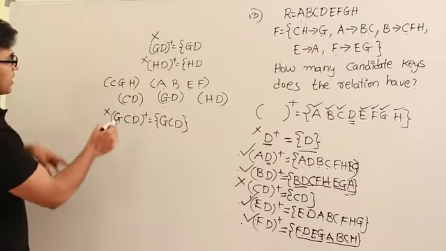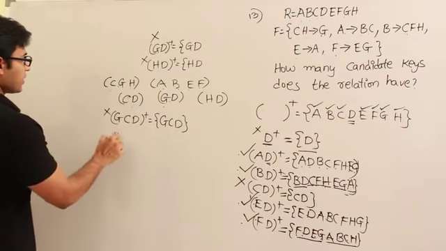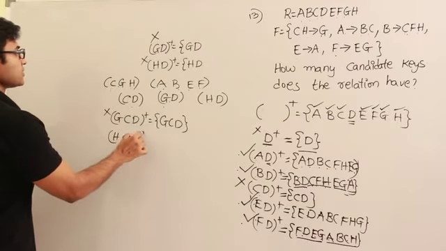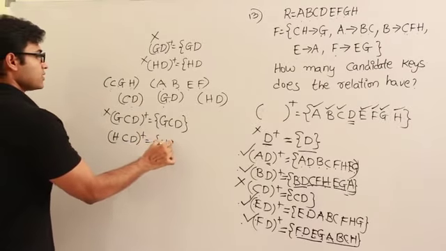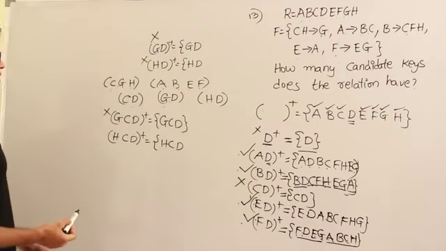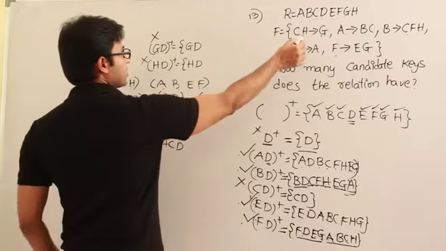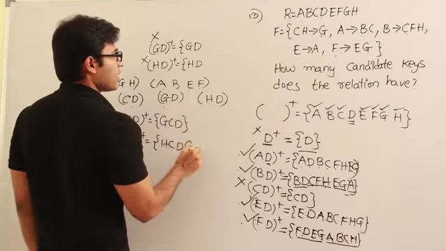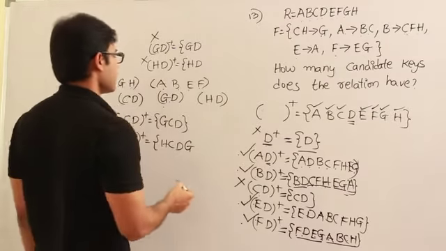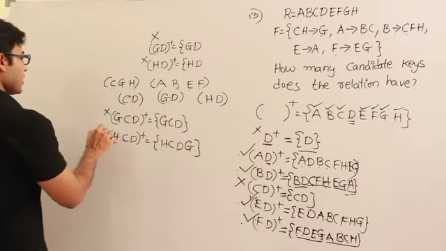And next, I'll try to add H to this. Then I get HCD plus. Then what do we get? HCD itself, and then because of HC I get G, right? And that's it, nothing else will be added. Therefore it is also not a candidate key.